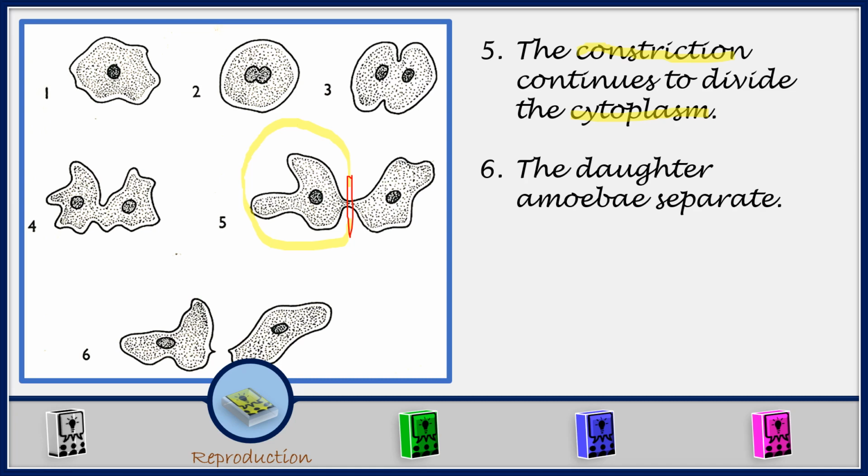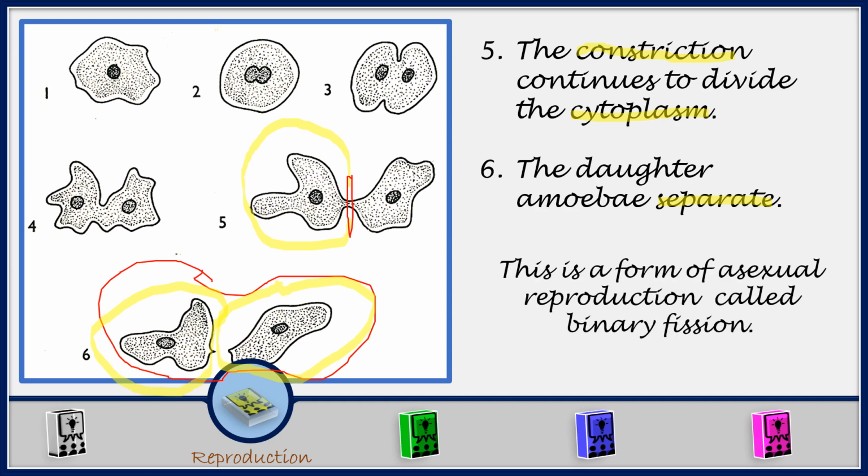Then in the sixth stage, we now have two daughter cells. The amoeba has now been separated and we have two daughter cells, meaning that we are through with the reproduction.